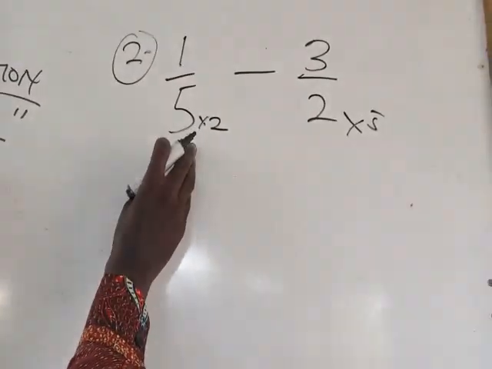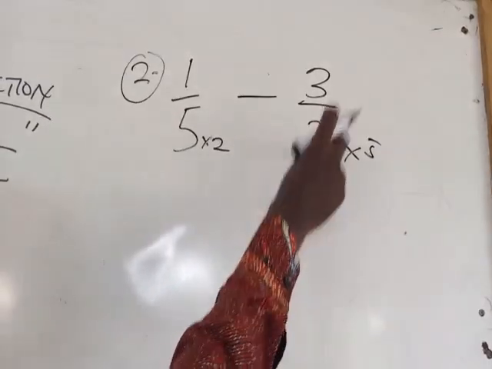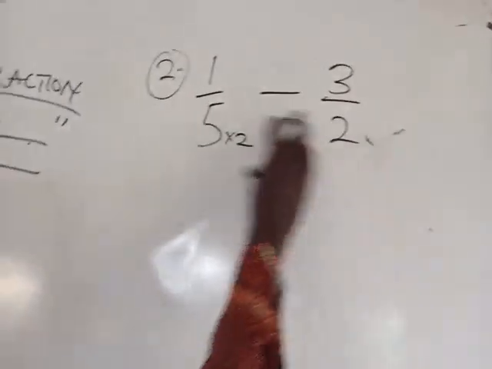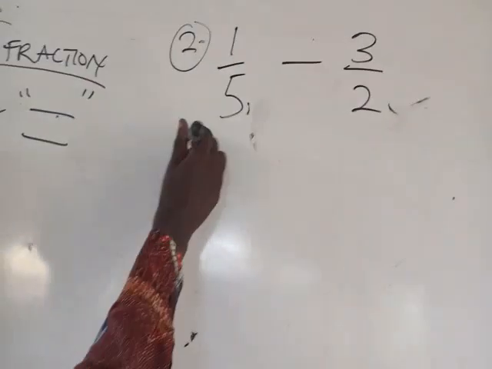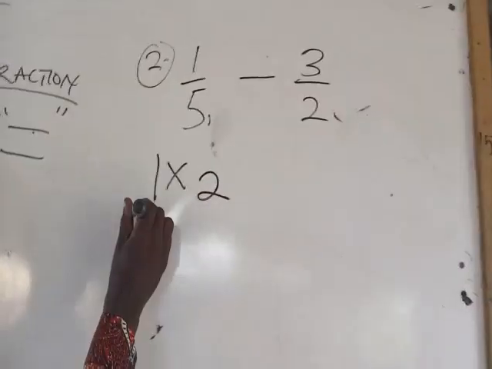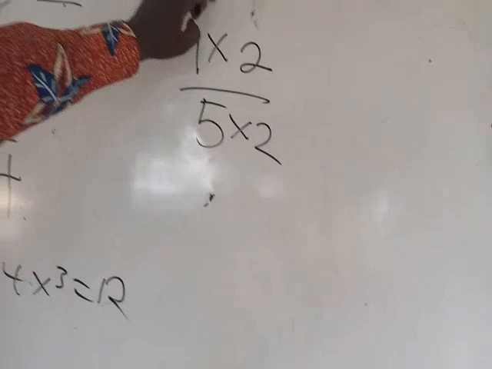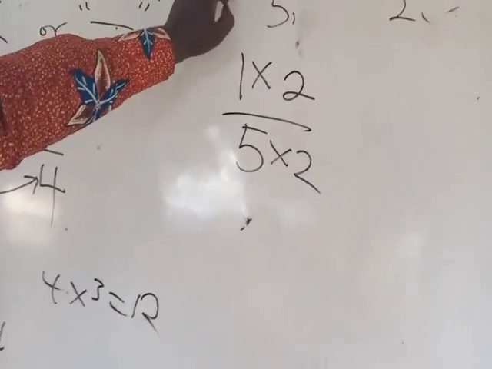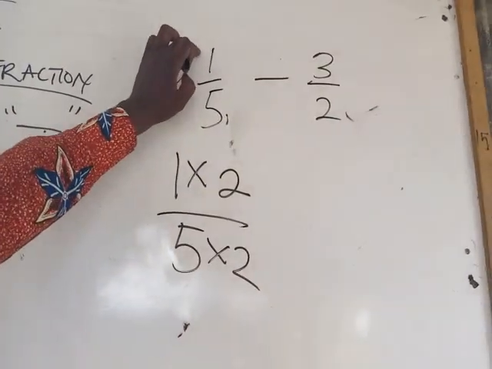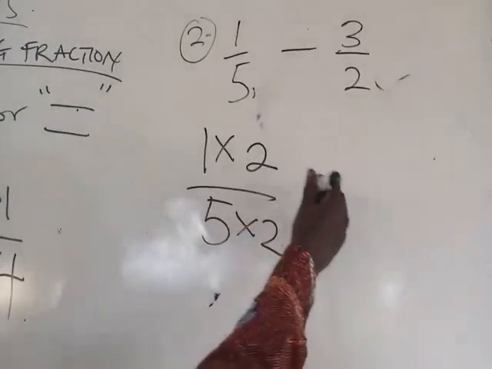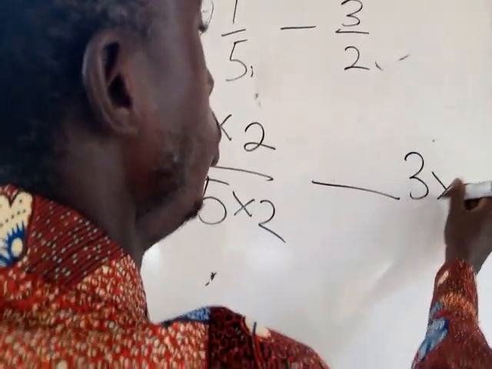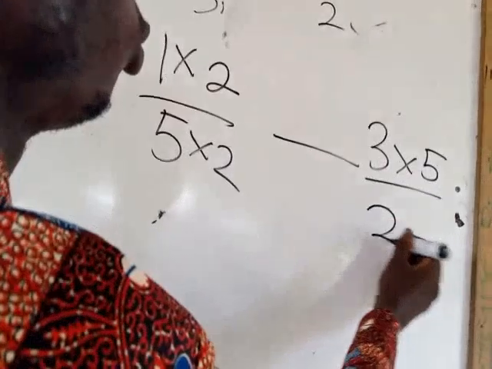And once you get 10, what number should be multiplied by 2 for us to get 10? 5. So you multiply the numerator by 2 and the denominator 2 by what? 2. Because I said once you've multiplied this one by 2, you multiply the numerator by the same what? Number. This one 2, you multiply the numerator by 5 and 2 by what?